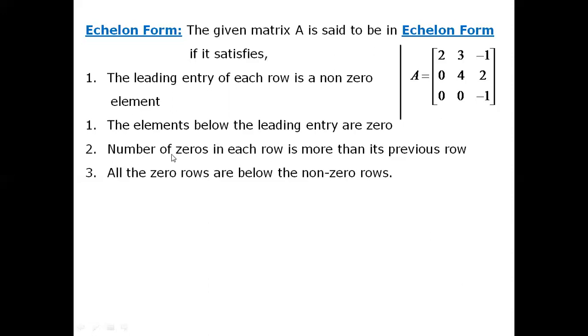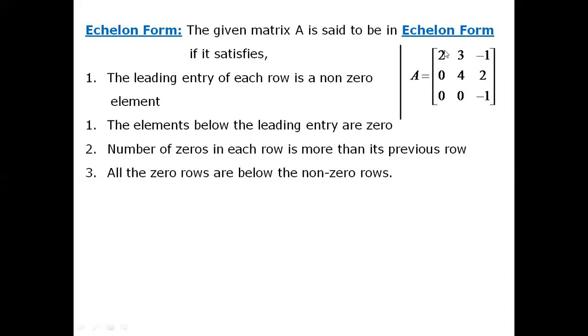And the third condition says the number of zeros in each row is more than its previous row. That means if you look at the third row, here we have 2 zeros. In its previous one, I mean the second row, we have only 1 zero. So the number of zeros in the third row is greater than its previous row, that is the second row. So it satisfies the third condition. And the last condition will not exist for this matrix here.